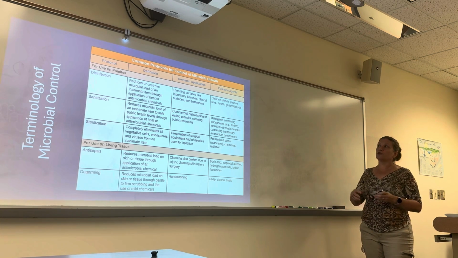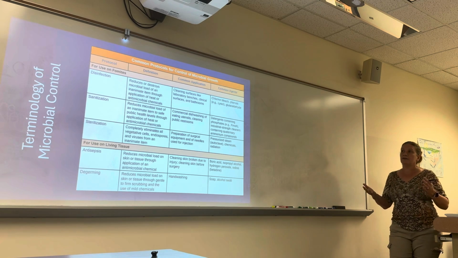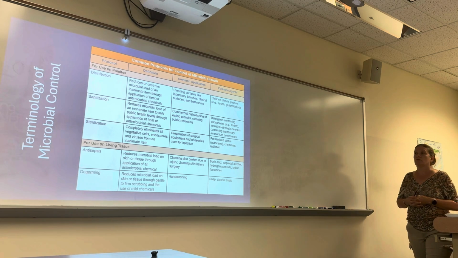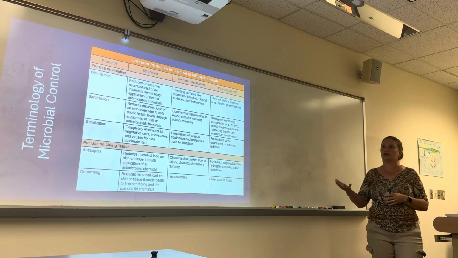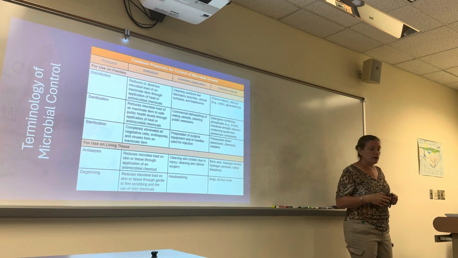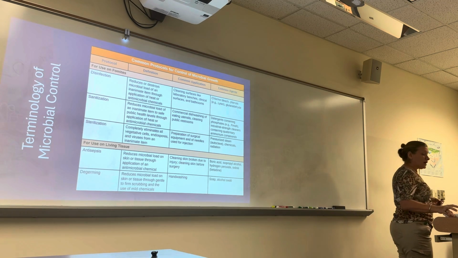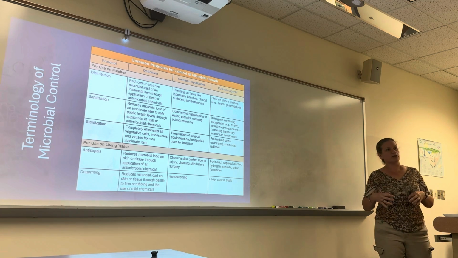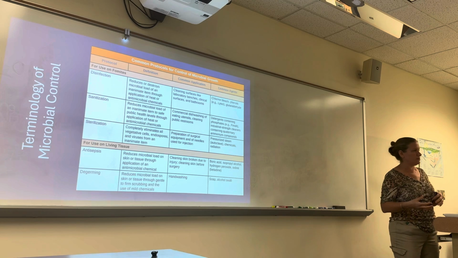So those are the terminology as far as what we would generally use on inanimate objects, the sterilization and disinfection. Inanimate objects that many people come into contact with on a regular basis are oftentimes referred to as fomites.